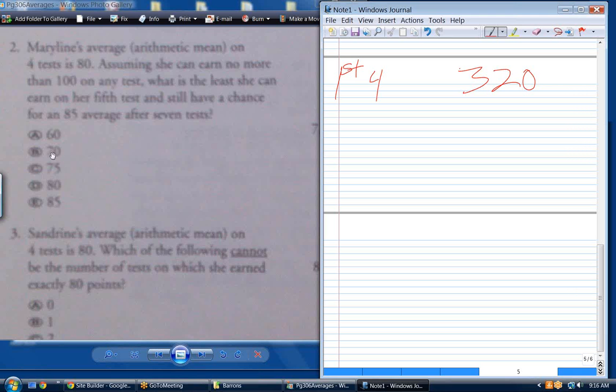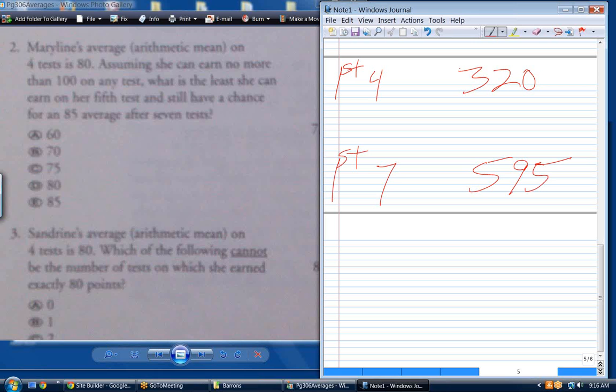In other words, let's see what the end means. If she's to get an 85 average after 7 tests, what are her totals going to have to be? 595. Okay.